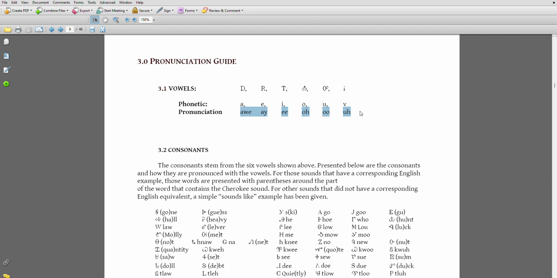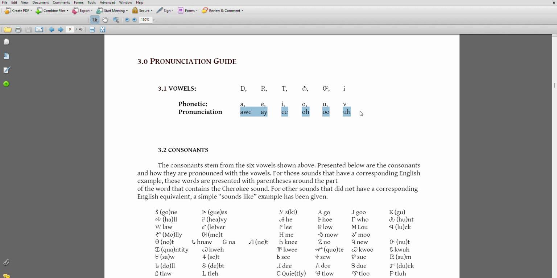There's no short A or long A like in English. It's always like A as in law. E as in set. I as in ski. And then the vowel "o." I have not found this sound at all in English.